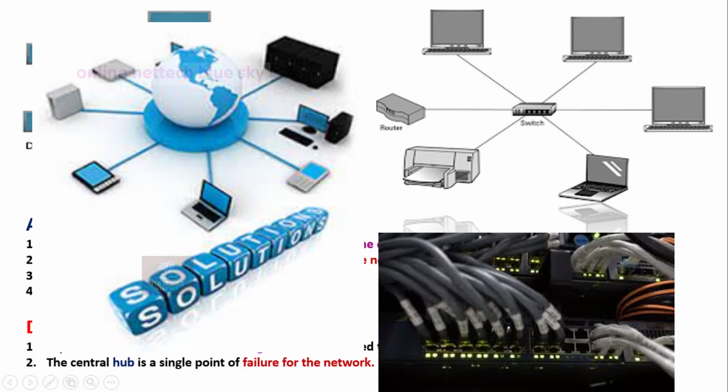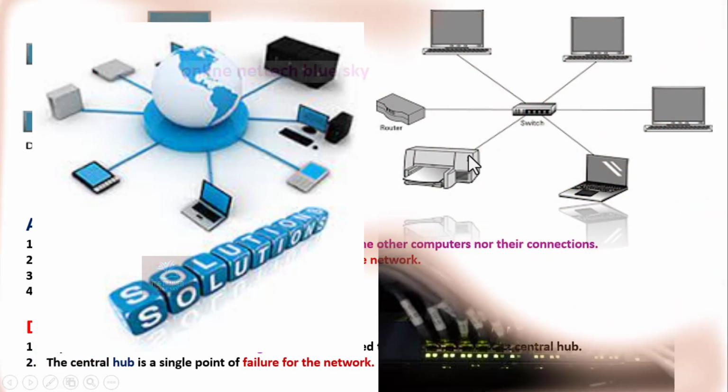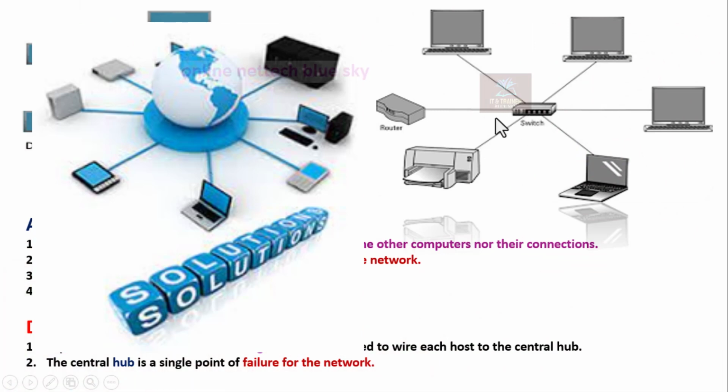So these main centralized devices, hubs or switches, are very important, because all computers and devices connect only to these main central devices, by cable or wirelessly. So it is very important to understand these switches.